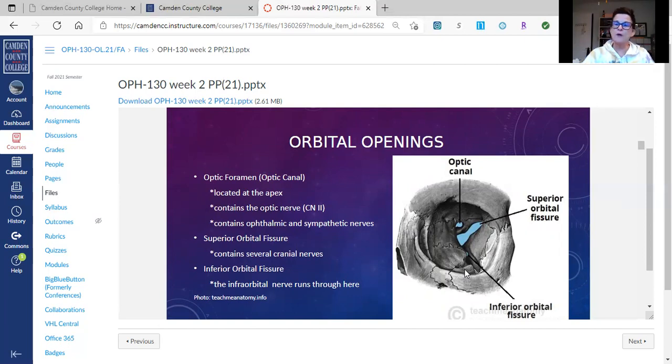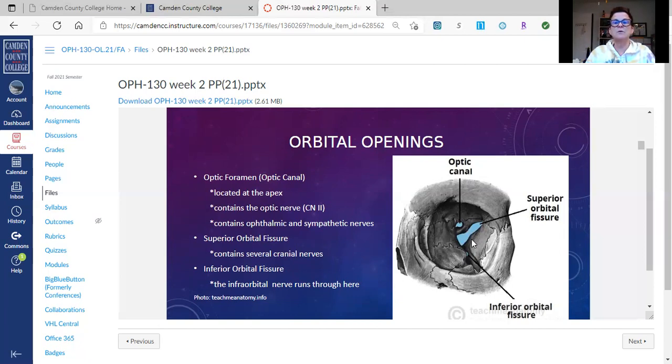So the word foramen just means opening, all right? So I'm most likely to call this the optic canal, right? So the optic canal on this slide is right here. It's located at the apex of the bony orbit. Remember I said the bony orbit is shaped like a cone. So as you move to the back of the orbit, you're going to reach the apex. So right here where my pointer is circling, that is the optic canal.